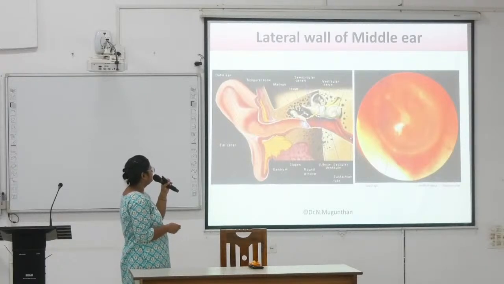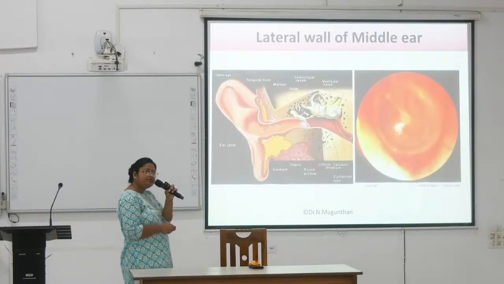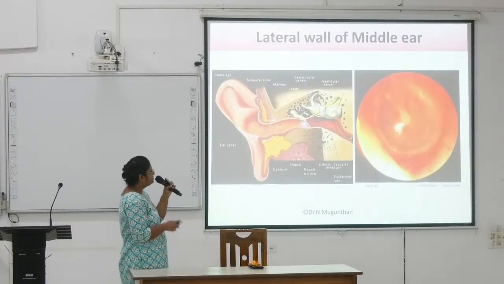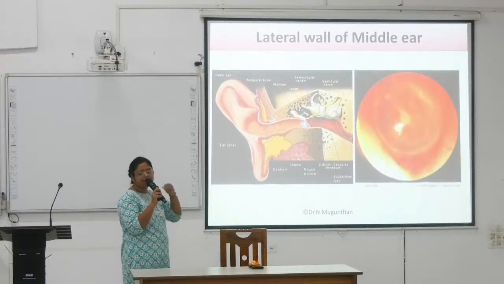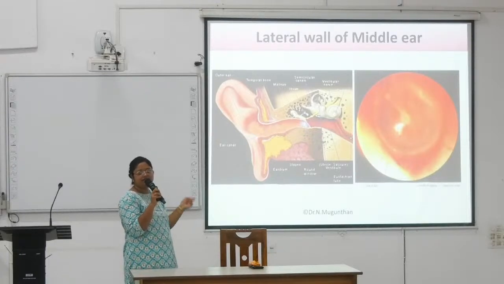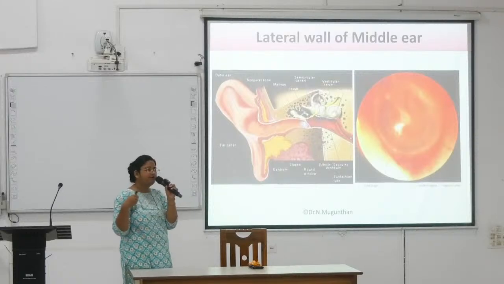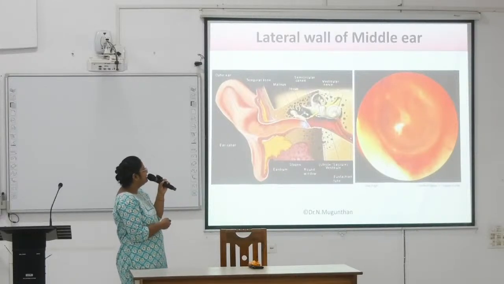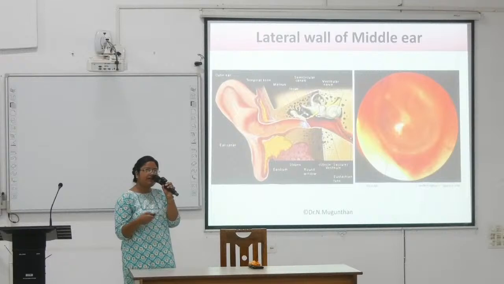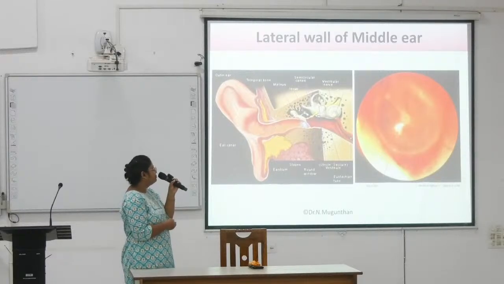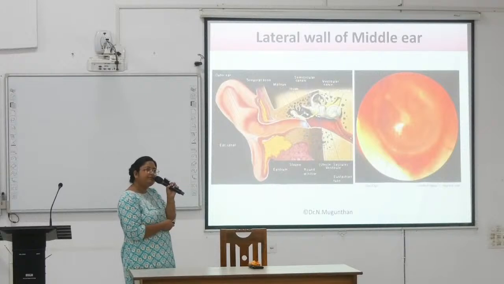See, this is the tympanic membrane. This is the tympanic sulcus, and this transparent structure you can see is the tympanic membrane. This is what you will see from outside via the external auditory canal. If you shine light, the reflection of light, the cone of light, will appear in the anterior inferior quadrant of the tympanic membrane.